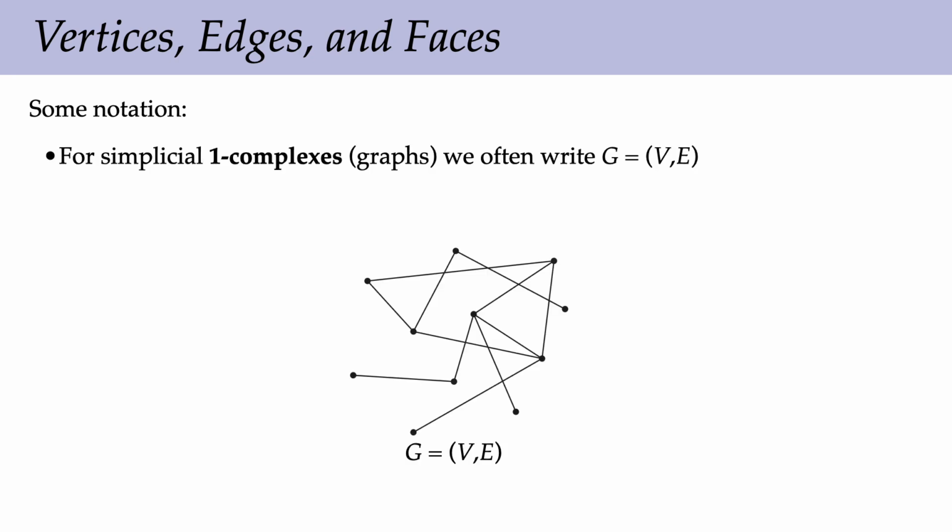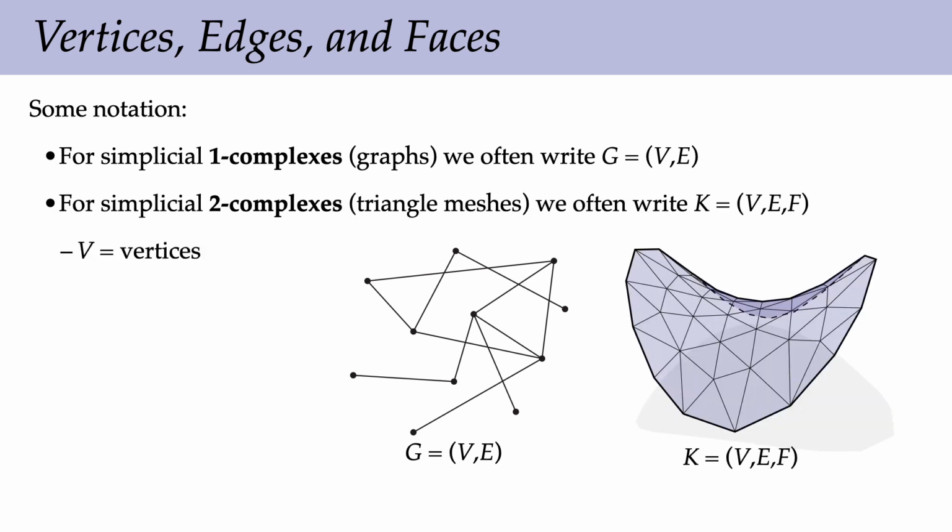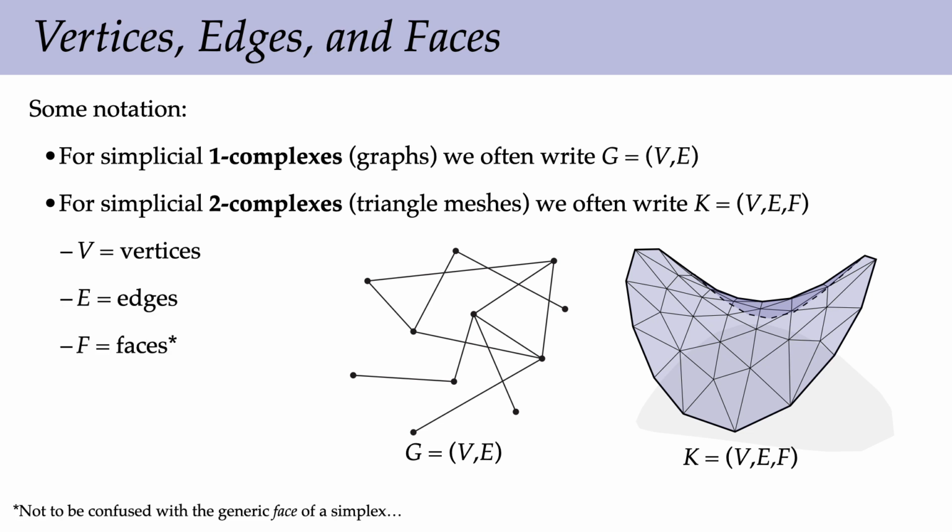Okay. Also, some notation that will be useful. For a simplicial 1-complex, for a graph, we often write G equals (V, E), right? G is a graph with vertices V and edges E. For a simplicial 2-complex, for a triangle mesh, we're going to write K equals (V, E, F). Okay, so V are the vertices, E are the edges, and F are the faces.